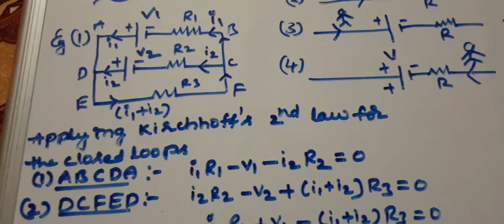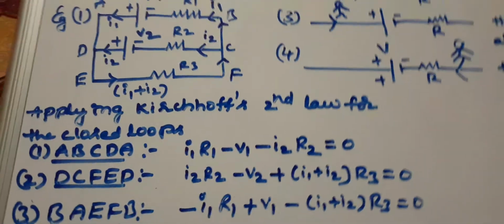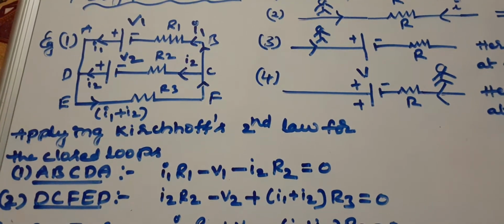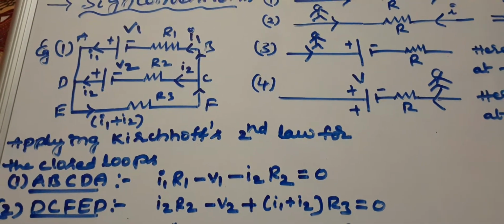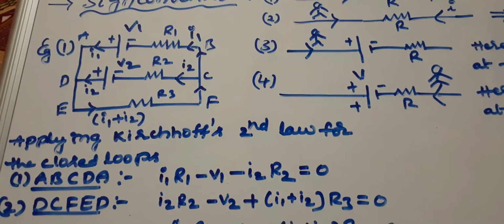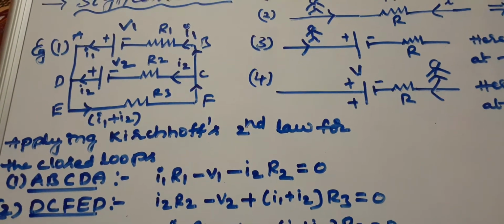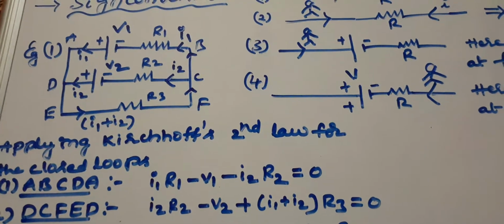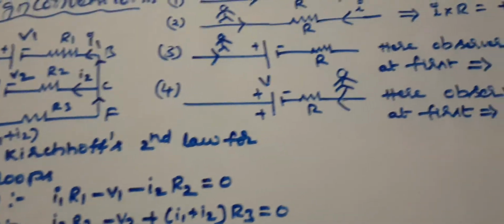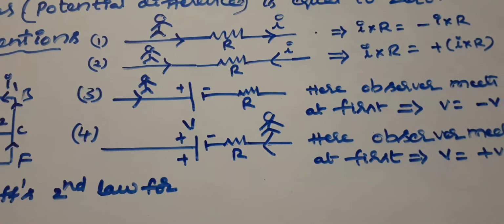Now we are going to apply Kirchhoff's second law for the closed loop ABCDA. The observer follows the closed circuit A, B, C, D, A, moving from A to B, B to C, C to D and D to A. From A to B, the current is moving from B to A, so the observer moves opposite to the current direction.